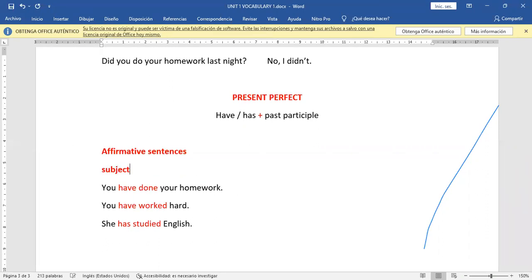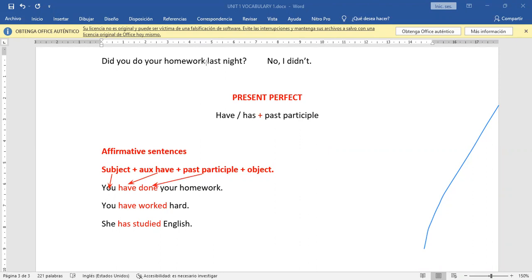You need subject plus auxiliary verb have, plus past participle, plus object. Subject, have auxiliary, past participle: done, worked, studied.